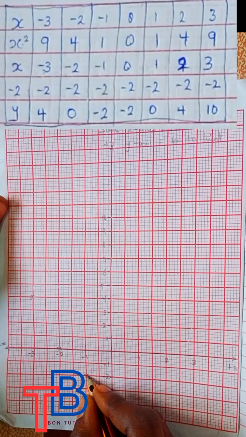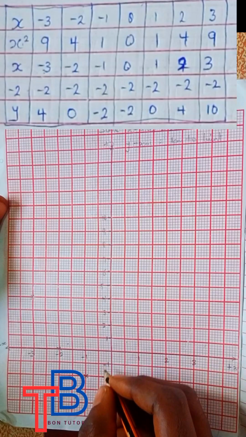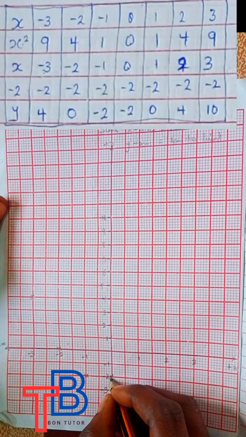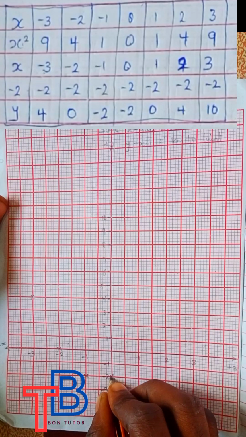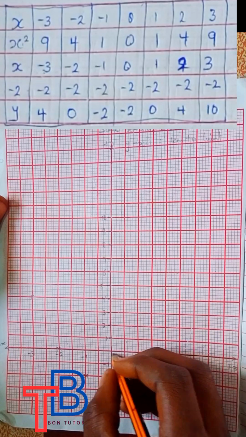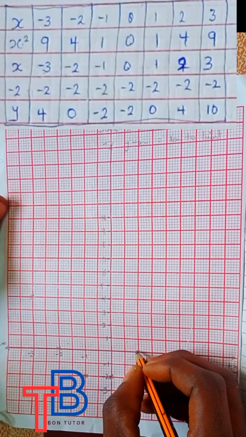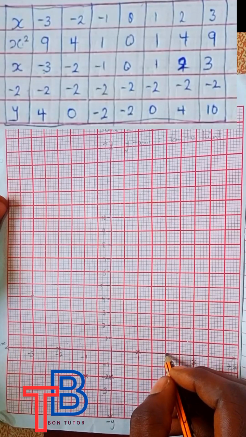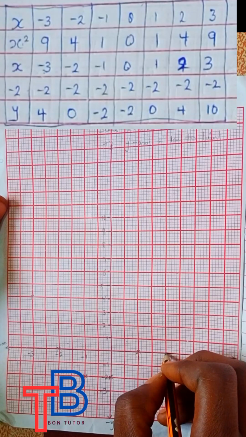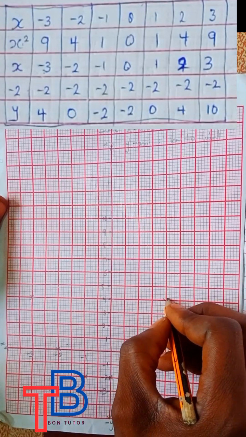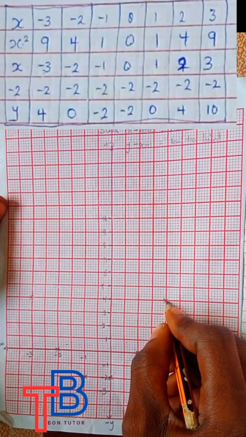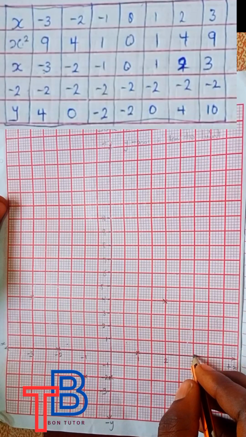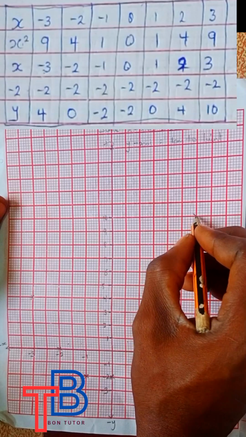And when my x is 0, my y is still -2, but only that my x is 0. When my x is 1, my y is 0, which will be here. And when my x is 2, which is here, my y is 4, and it comes back to this place. When my x is 3, my y is 10, which is here.